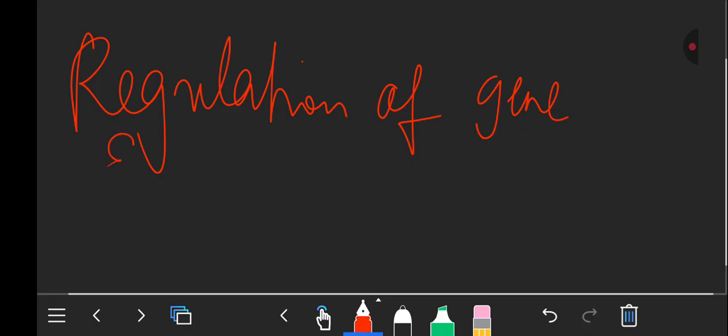Regulation of gene expression. When you're talking about regulation of gene expression, you're just referring to the several steps that have to be involved either to increase or decrease the production of a specific protein.